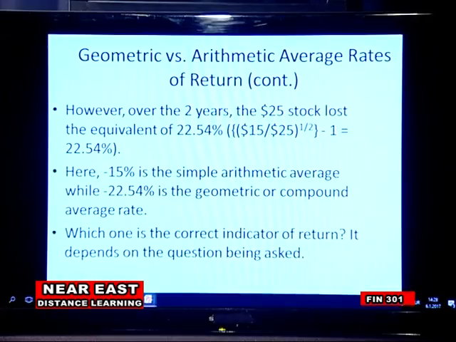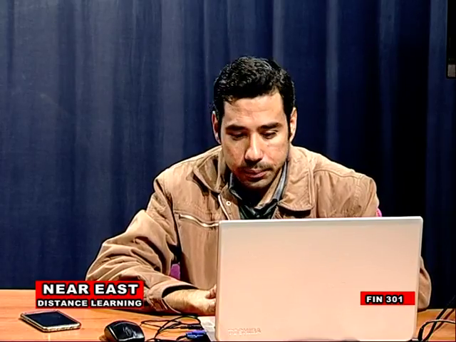If we calculate the average rate of return for this investment by simple average, it will be minus 15%. While if we calculate the average rate of return by geometric average, it will equal minus 22.5%. Now, which one is correct, geometric or arithmetic?